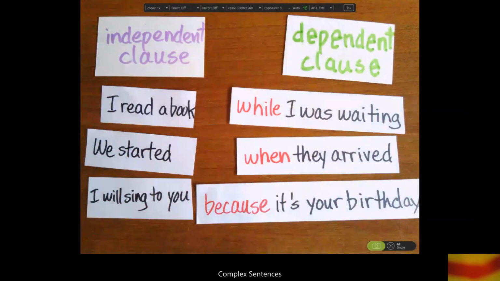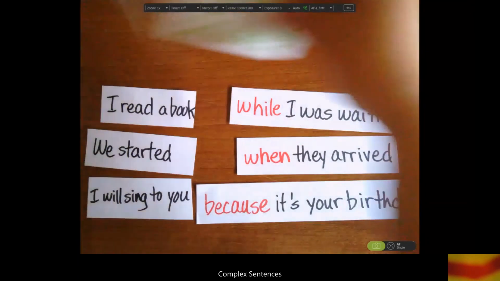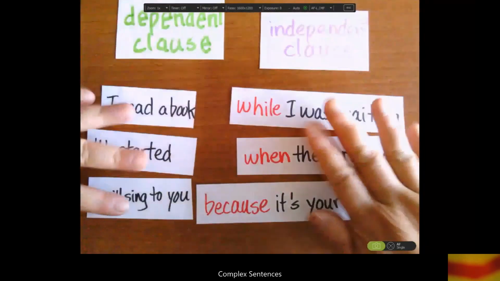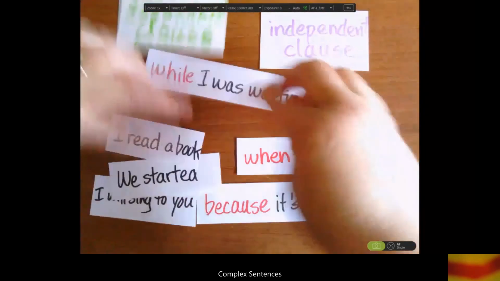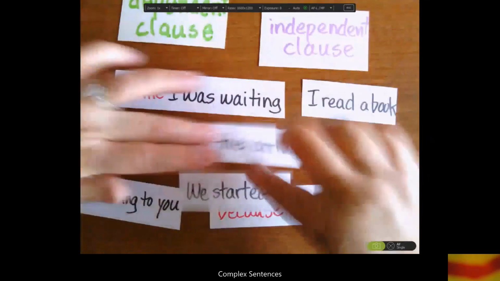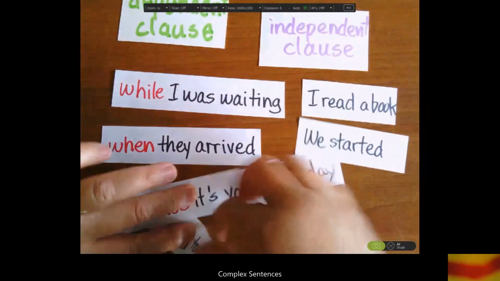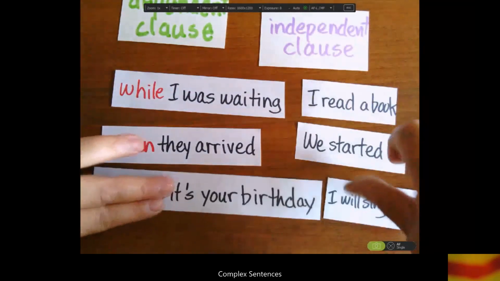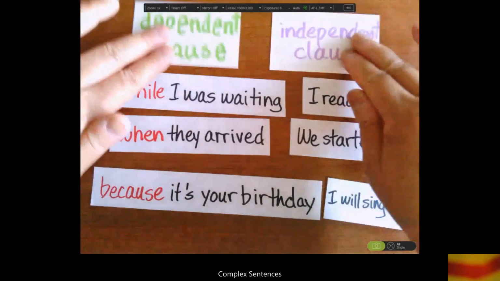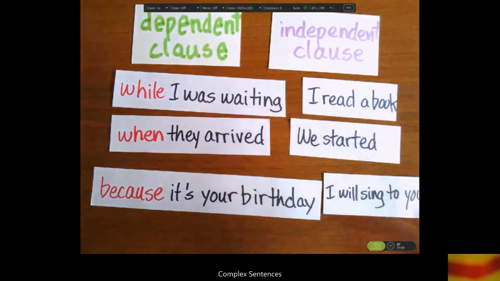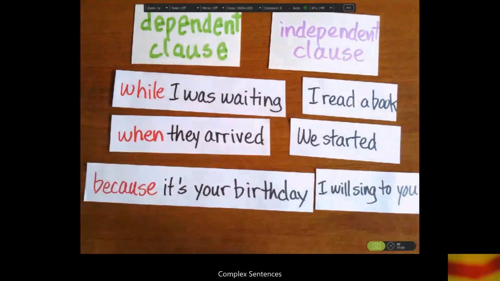You might be also wondering, is it possible to change the order? Absolutely. We're going to do this, and then we can just do this. And I want to show you something here. If we do switch the order, be absolutely sure that there is punctuation.